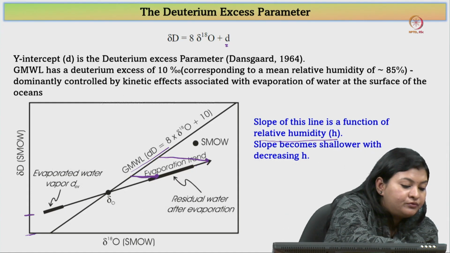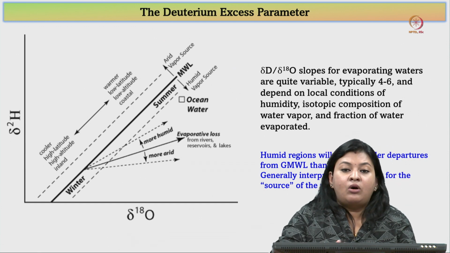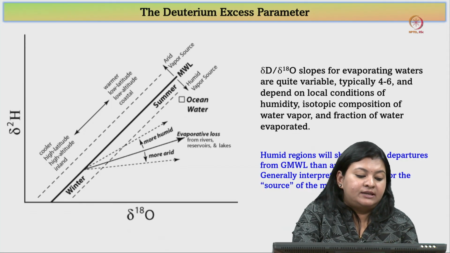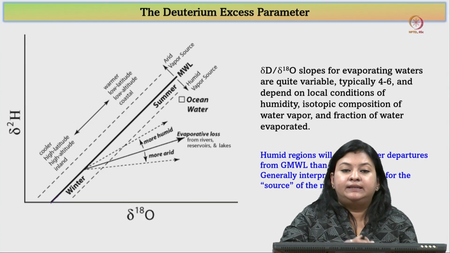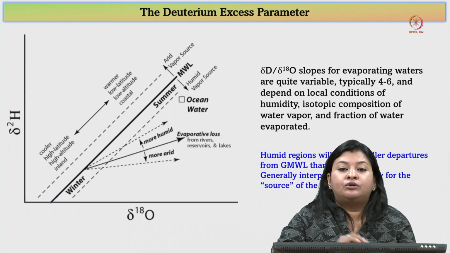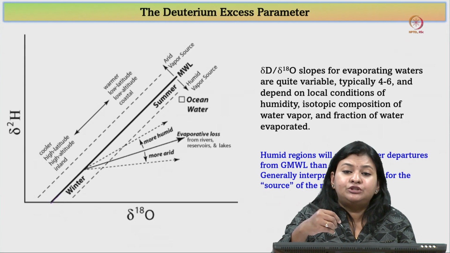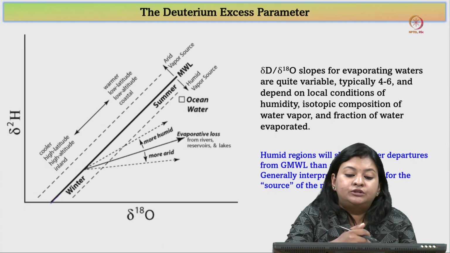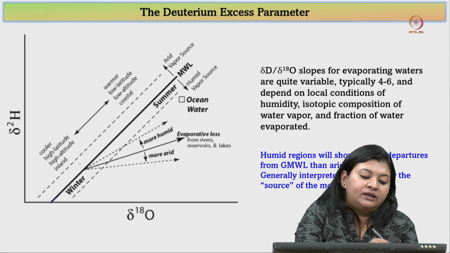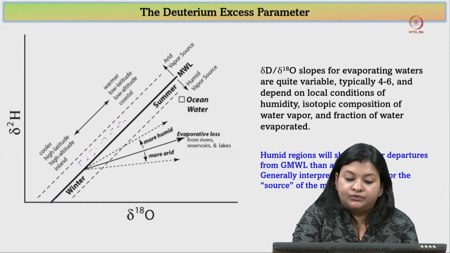So, from this delta 18O and delta D graph, the first thing, as I said, is you plot the global meteoric water line, and when you plot the data, it will show you a lot of things. It will show you the kind of vapor source. For instance, if your data plots somewhere here, parallel to the meteoric water line, you will know it is coming from a more arid vapor source.